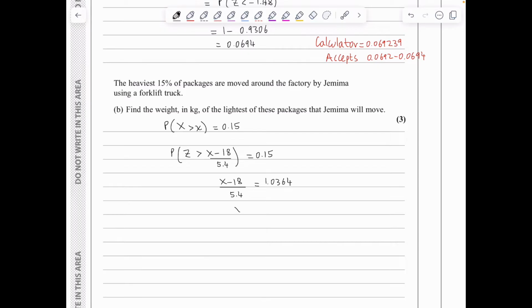We will cross multiply to get x minus 18 is 1.0364 times 5.4. So we have that x minus 18 is 5.59656, which leads to x being 23.6 kilograms. The examiner is accepting anything which rounds to 23.6 kilograms.